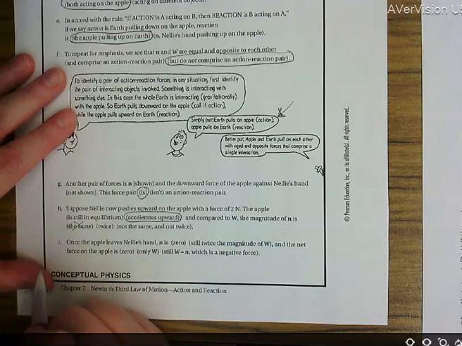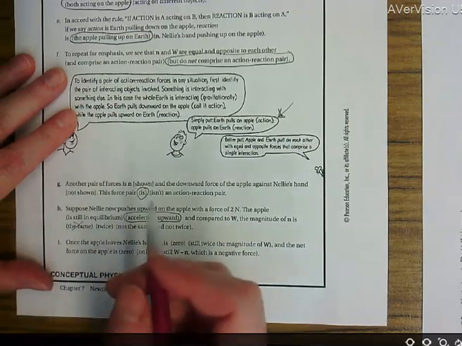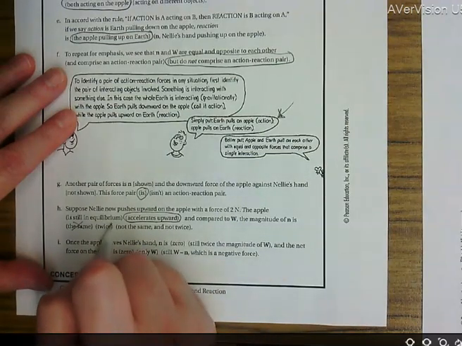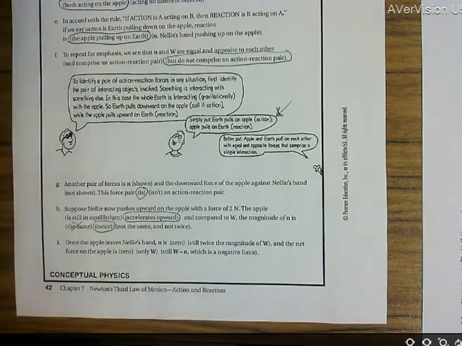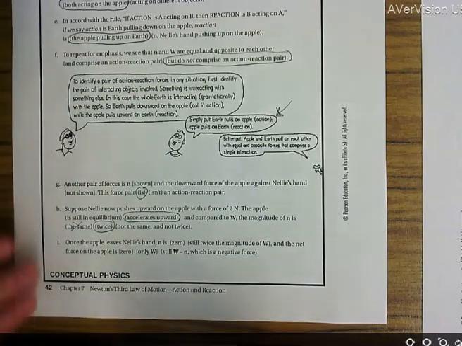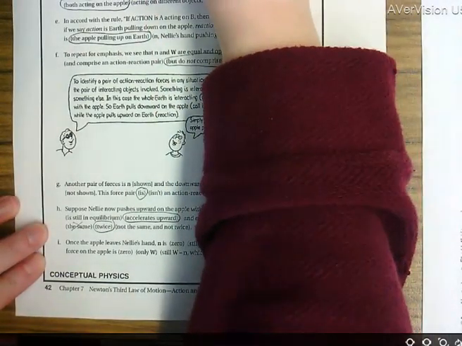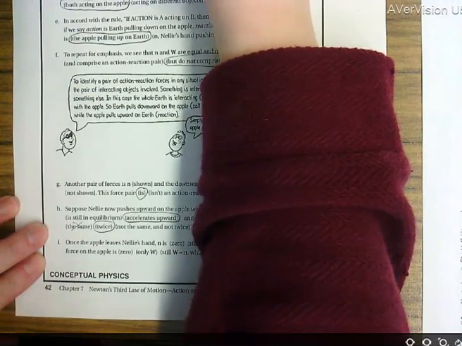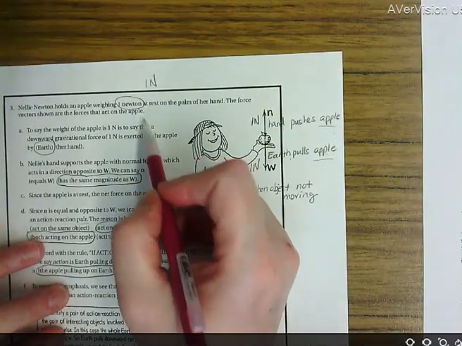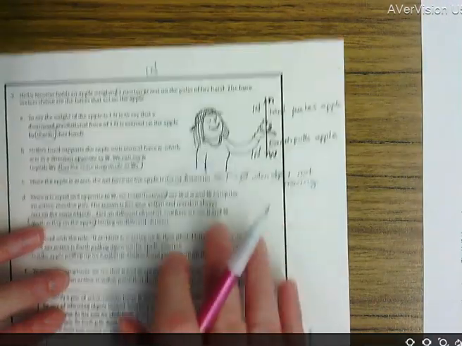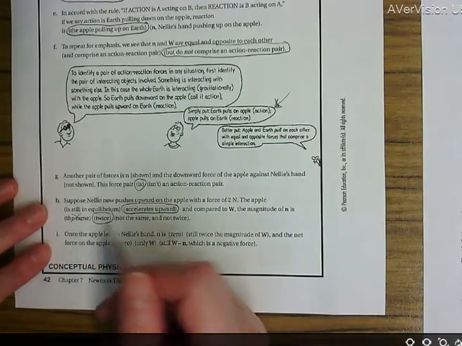It's going to be twice as much because we're using 2 newtons, and the apple has a weight of 1 newton. Initially these were 1 newton in size, because it told us the apple was 1 newton. So it'll be twice as much.